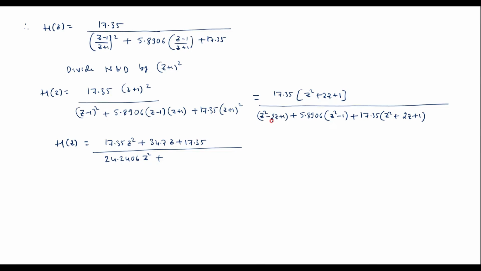Here we have minus 2 and here we have 17.35 into 2, that will get 32.7 z, plus the constant. Here we have 17.35 minus 5.8906, it leads to 12.4594.